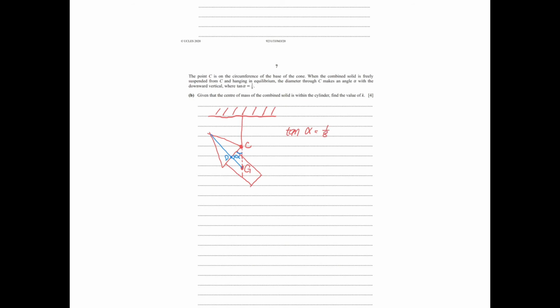Based on the right angle triangle CDG, tangent alpha is equal to the opposite DG divided by the adjacent, which is DC. Opposite over adjacent. Now tangent alpha is 1 over 8, I replace it on the left.